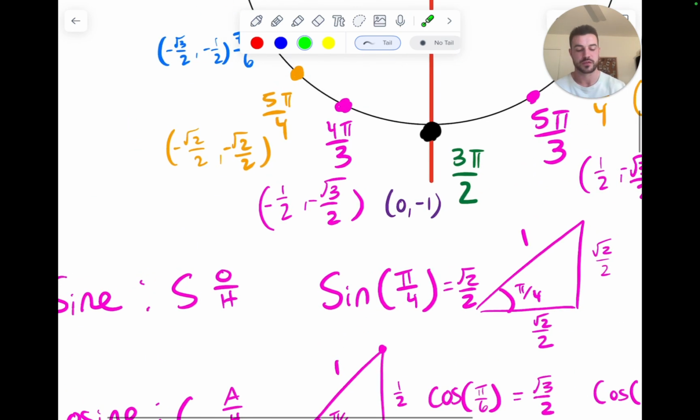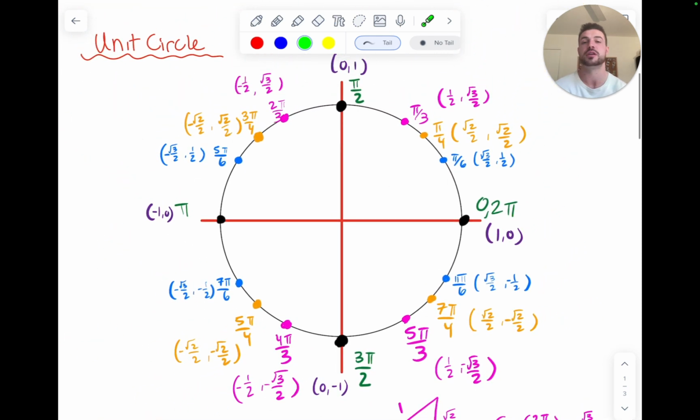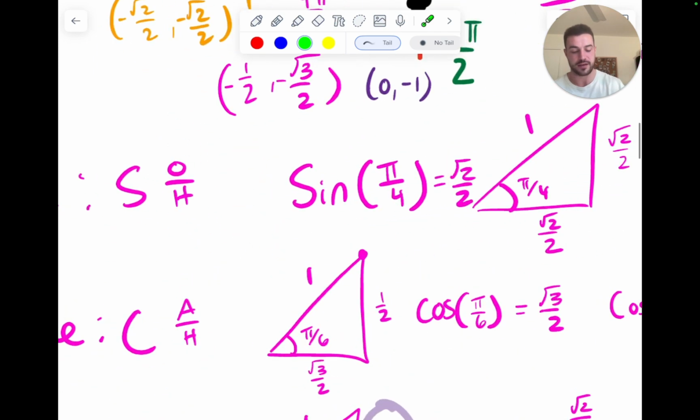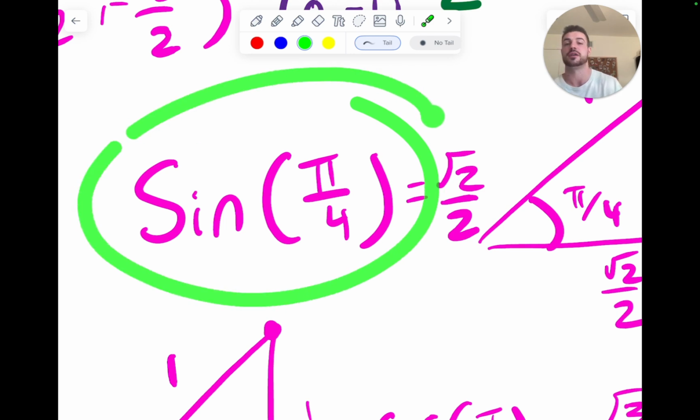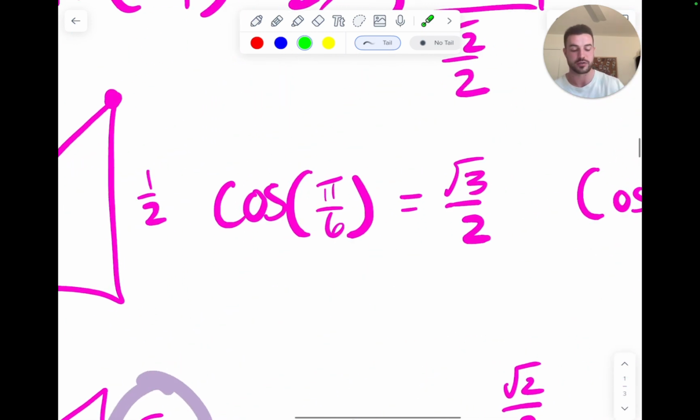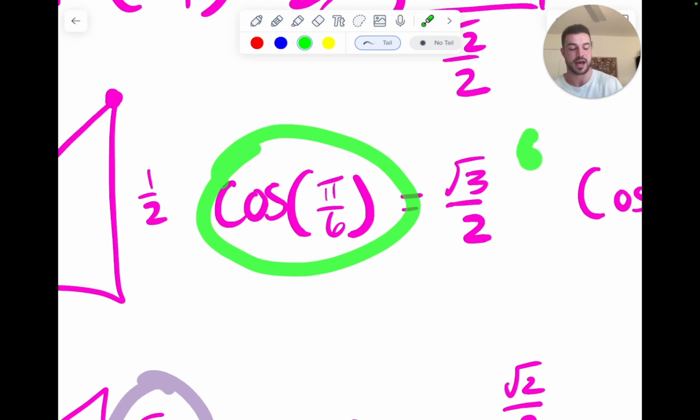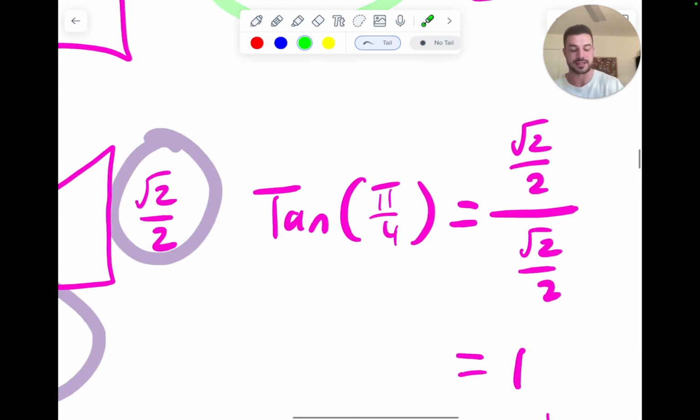So this is our unit circle, which we found using our 30, 60, 90 and 45, 45, 90 triangles and using some reflections to get their coordinates. And then hopefully we realize that if you're asked to find exact values like the sine of a specific angle measurement, it's just asking for the y value of its coordinate. Cosine is therefore just asking for the x value of its coordinate. And then tangent is just asking for the y value divided by its x value.